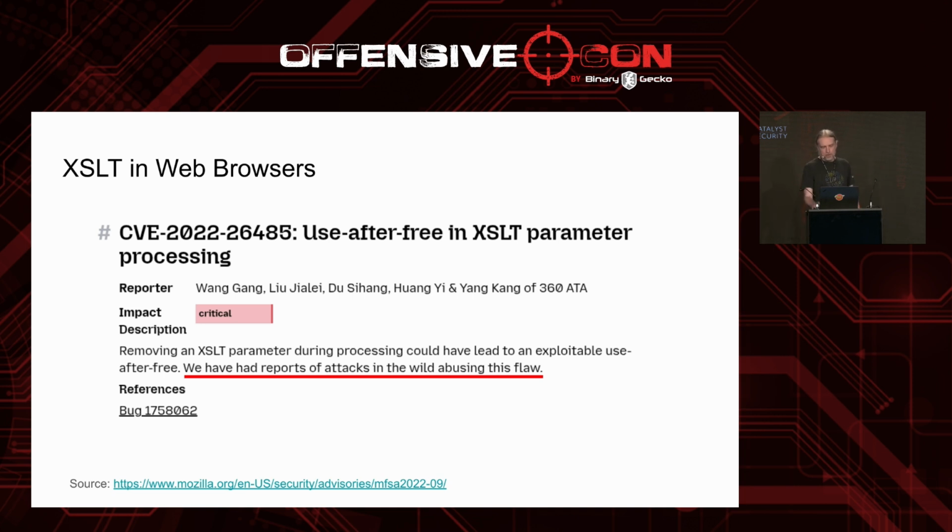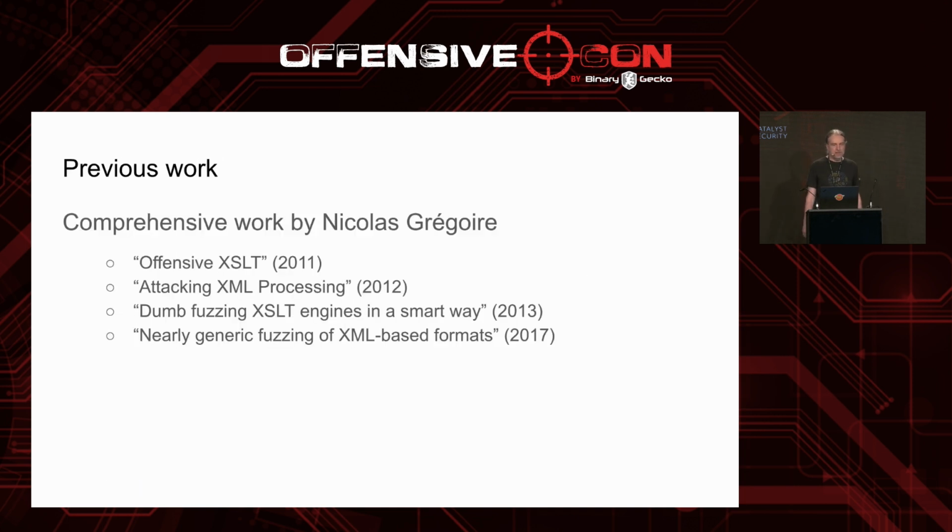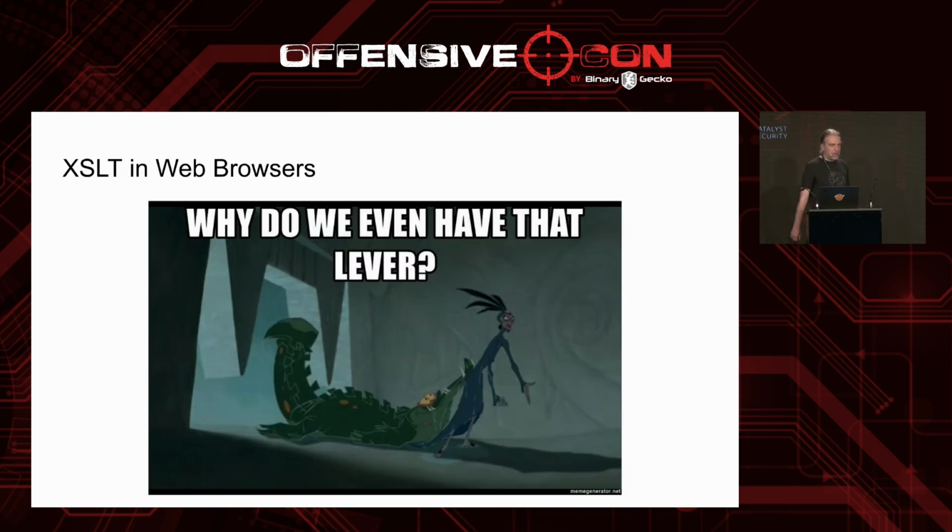And while we are on the topic, we really can't be talking about XSLT security without mentioning amazing work done by Nicolas Gregoire, who over a number of years published different techniques, different tools, different vulnerabilities. So in case you are interested in the topic of XSLT security, his work is definitely something that you should read up on.